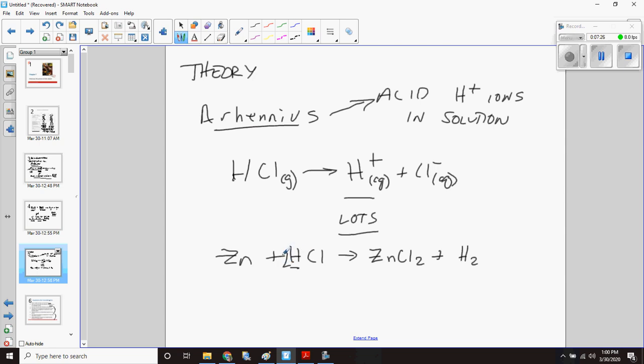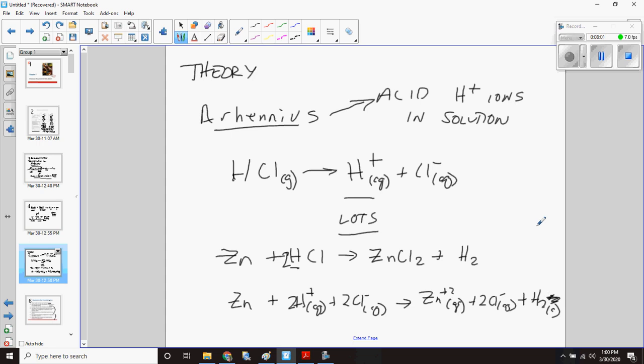So if I wrote this out as a net ionic equation, solids like zinc are left alone. Zinc plus 2H+ aqueous plus 2Cl- aqueous go to produce Zn2+ aqueous, because zinc chloride is soluble, plus 2Cl- aqueous plus H2, and H2 is a gas.